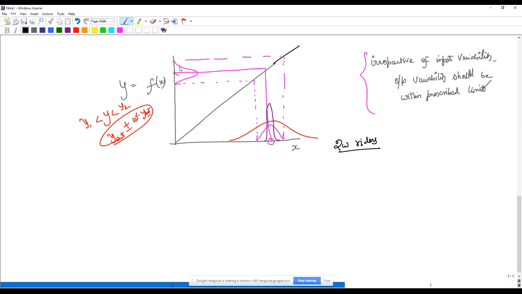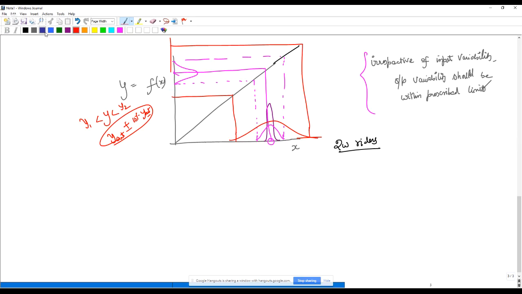If the company says, I'll give you 45 kilometers per liter, irrespective of how I drive, it should be around that 45 kilometers per liter. This is what it means. So, in the linear function, if the red one is your distribution, and these are the two limits I'm looking at, then my variability in the output is also that big.